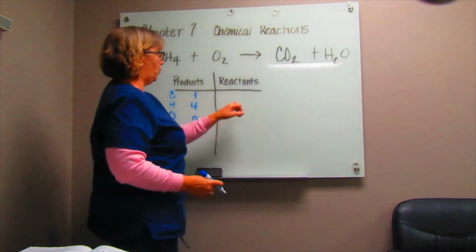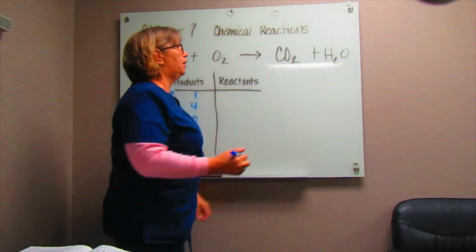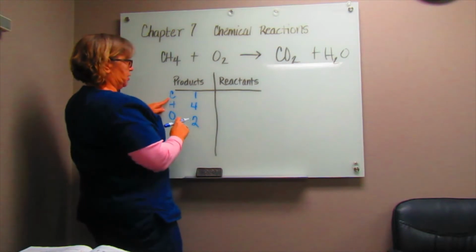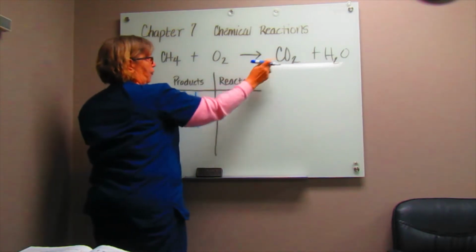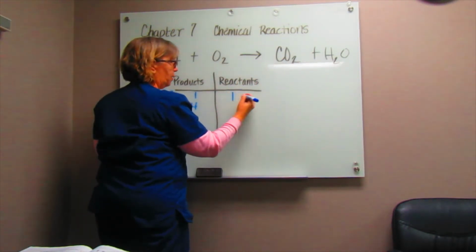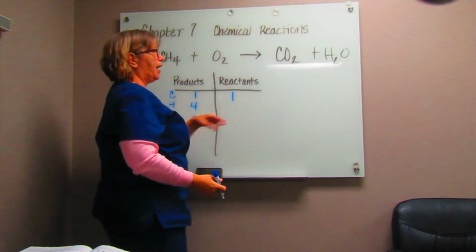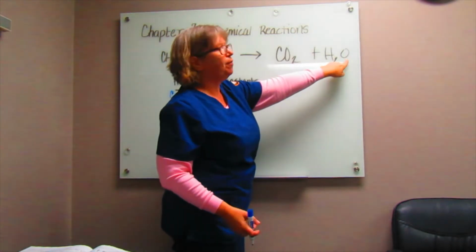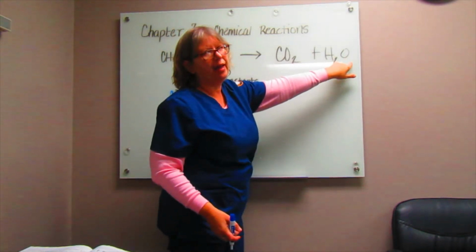And then I go to my reactant side and I do the same thing. So I go to my carbon. My carbon is just going to transfer over, so I have 1 molecule of carbon. My oxygen, so I have 2 molecules of oxygen in my CO2, and I have 1 molecule of oxygen in my H2O.